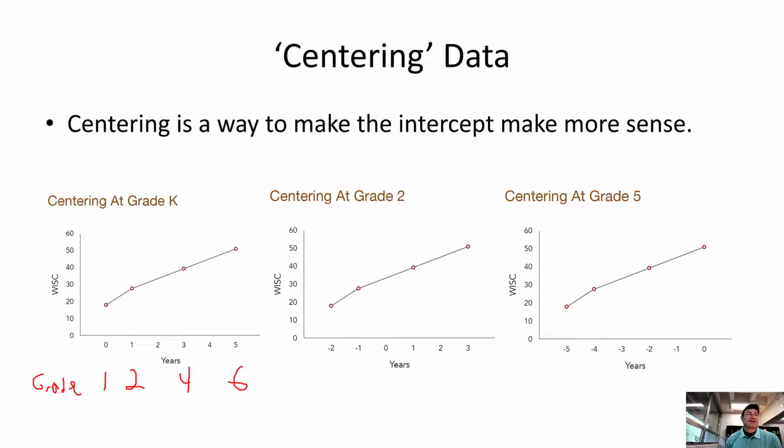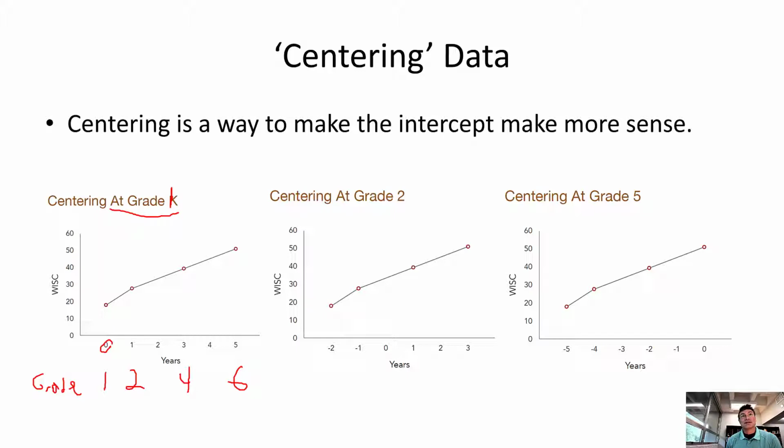In these methods, we want to move that scaling over so that the intercept is at 0. What that allows us to do when we're looking at the intercept is know that that is where time point 1 is. So when we see the intercept score, we know this is the average where everybody started. This is centering at the very first time point, at grade 1.